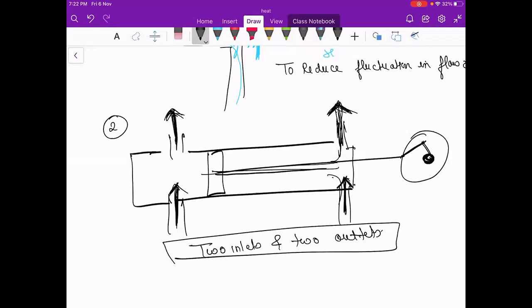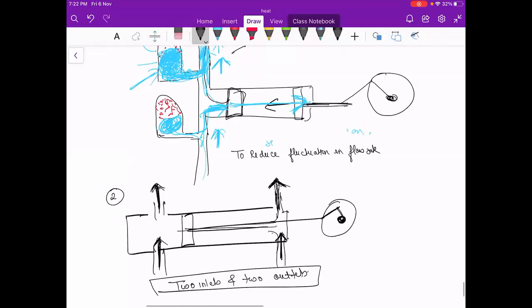So this is also used to reduce the fluctuation in our system. See what is the difference: here when the piston is going back, there is no fluid available, but in this, when the piston is going back, fluid is available here, and when the piston is coming forward, the fluid is available here. So both will be connected and one outlet will be made.